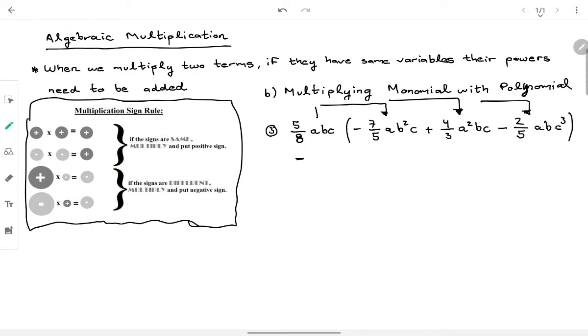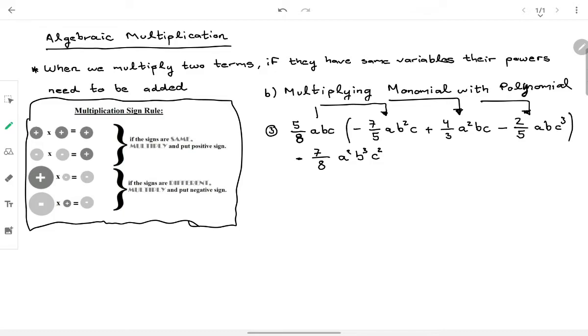First, we will get a negative result because positive by negative is negative. We can multiply and then simplify, or we can simplify at the beginning. In this case, number 5 and number 5 can get simplified. So we can put only 7 over 8, a squared, b to the 3, c squared.